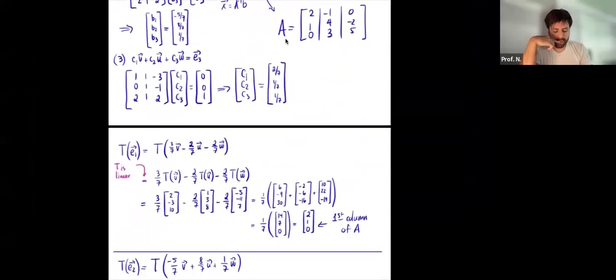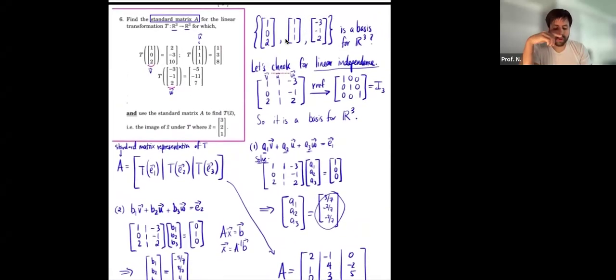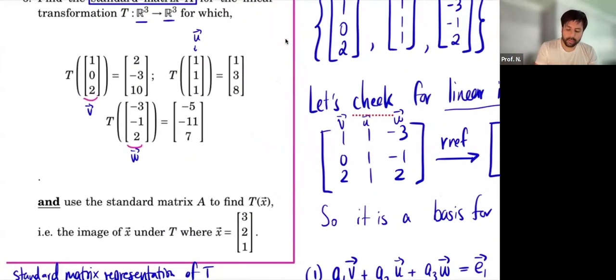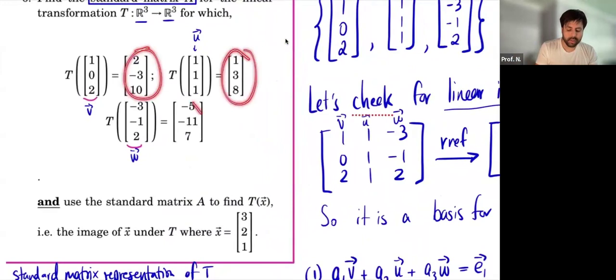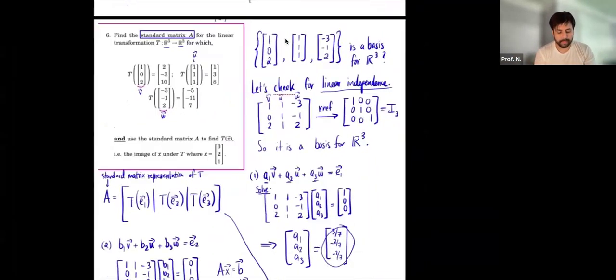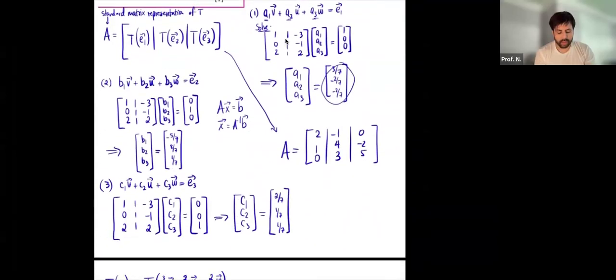No. So what you're saying is you're going to put all of these into a matrix and then multiply by A inverse? Yes. Yeah, it's not going to work that way.